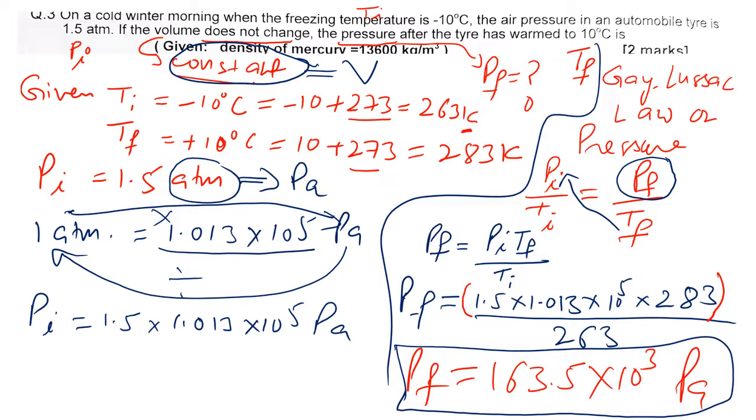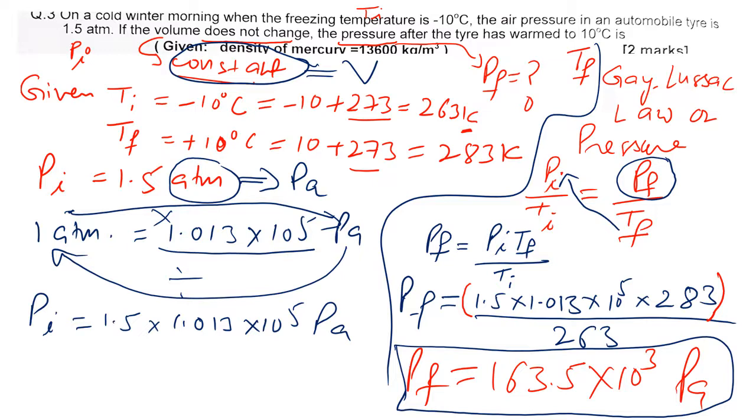Degree centigrade you cannot use, so here this is minus 10 and you have to change to Kelvin, so plus 273. So this is 263 Kelvin. And here the final temperature is 10 degrees centigrade, so this is a plus.